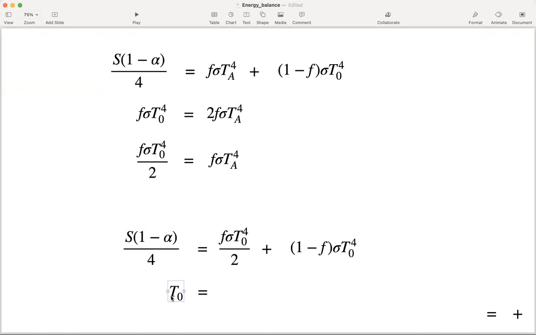So you're going to graph or plot T naught as a function of F. And that way you can see as F changes, how does the temperature of the surface of the Earth change? If you need help doing that in Excel, I included some resources in the lab assignment. There's also abundant help online, so I encourage you to look there.